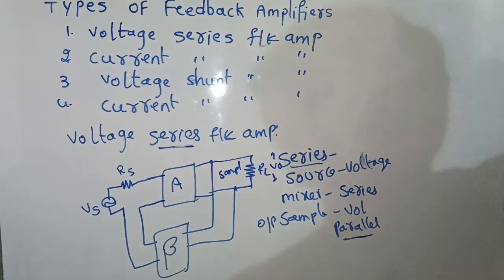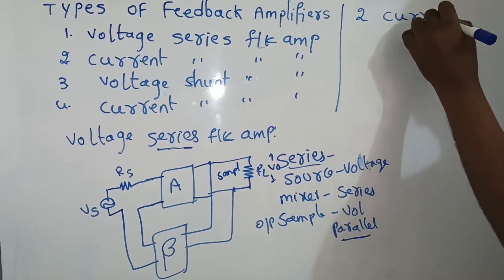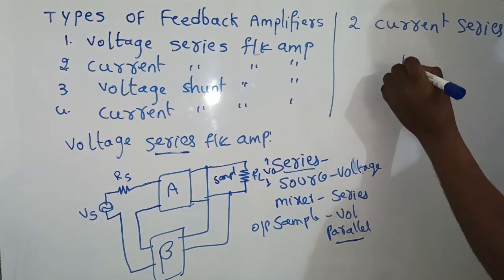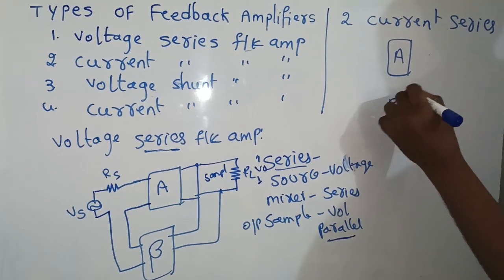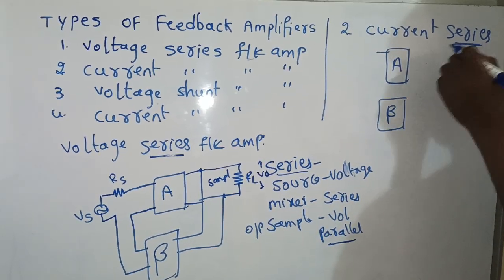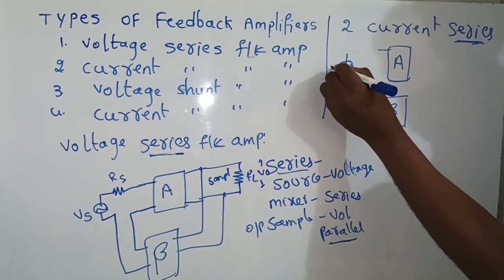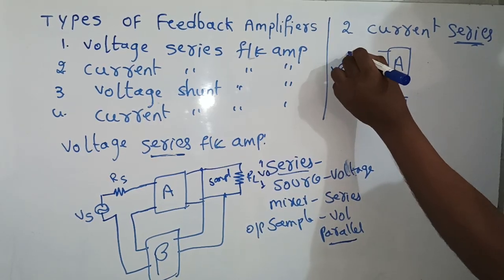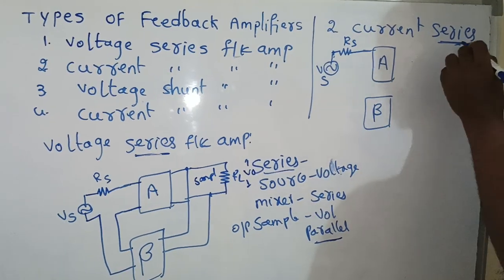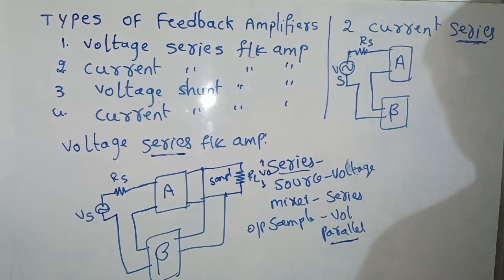Similarly, we will go with the second one, current series feedback amplifier. Same amplifier A and same feedback network beta. As I said, series is the same as this. If it is series, always the source is a voltage source. If the source is a voltage source, then the resistance Rs is in series with it, and the mixer is in series with the feedback network.